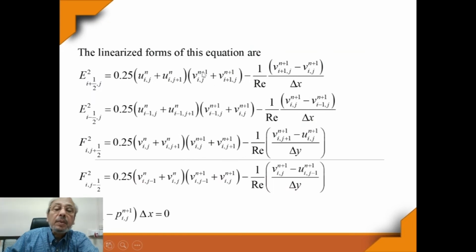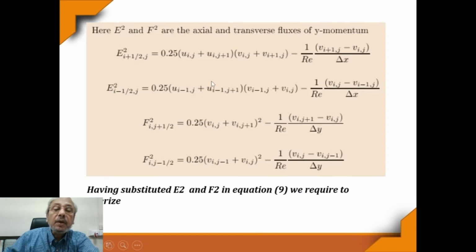Similarly, here also, Ui minus 1j plus Ui minus 1j plus 1 will be at the level n, and Vi minus 1j plus Vij will be at the level n plus 1.